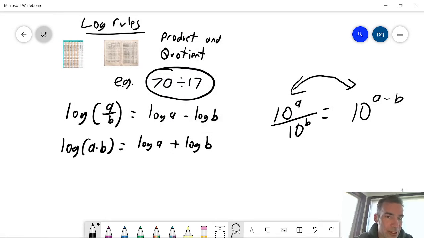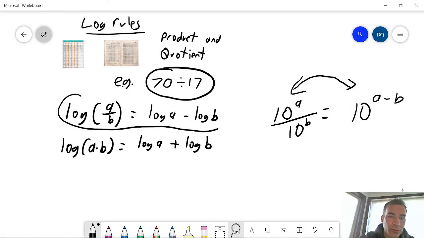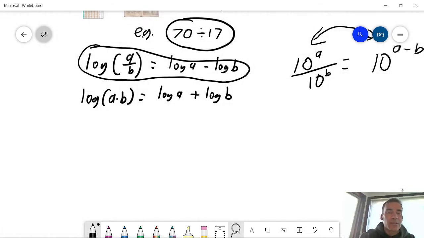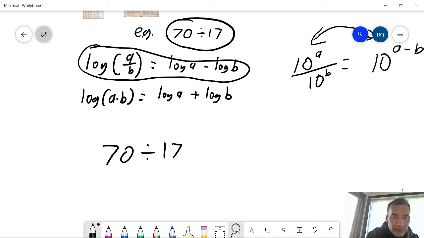Okay, so how is this useful? We're going to use these log tables and this log rule here to figure out what 70 divided by 17 is, quickly and accurately to within 4 decimal places. So I start out with my question. I've got 70 divided by 17, and I'm going to take the log of it.